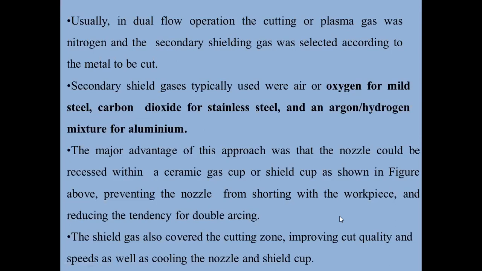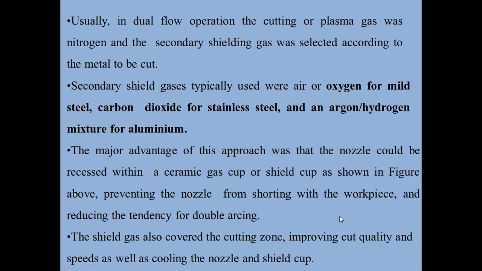Usually in dual flow operation, the cutting or plasma gas was nitrogen, and the secondary shield gas was selected according to the metal to be cut. Secondary shield gases typically used were air or oxygen for mild steel, carbon dioxide for stainless steel, and for aluminum-like materials, argon or hydrogen mixtures.